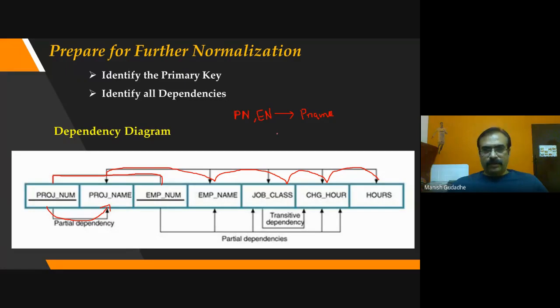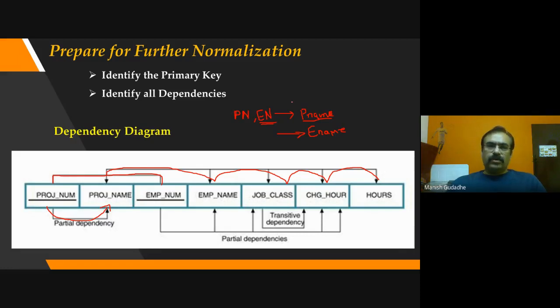Similarly this also exists. Okay, P name can be identified, and E name can also be identified, but can I say that employee name doesn't play any role in identifying project name?